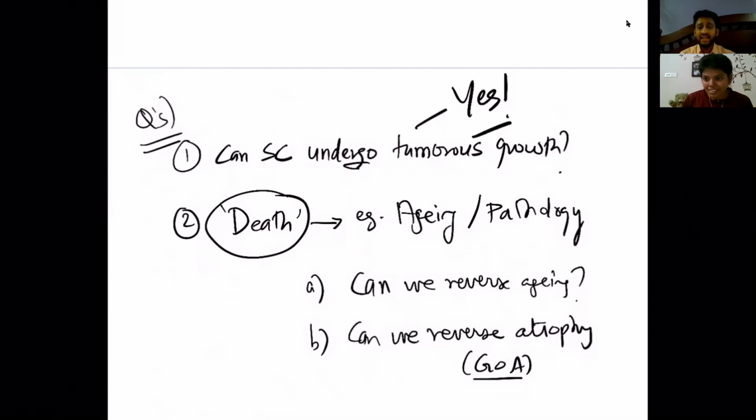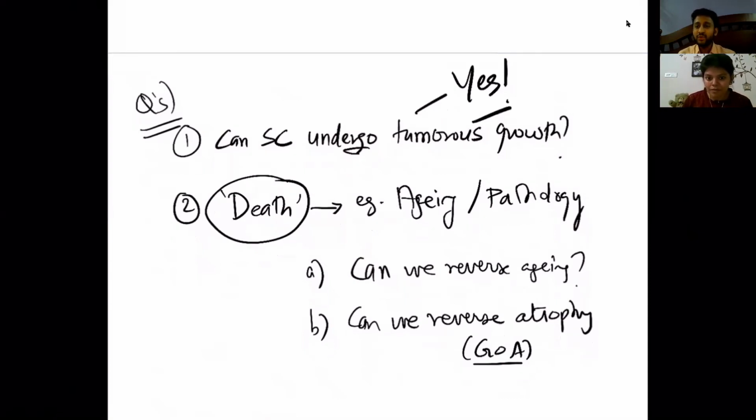Right. The second question is, you already discussed about it, but I just want to clarify that. I think death is one important process in any pathology for that matter. Be it in aging or a pathological process, eventual is going to be death, either by apoptosis or by necrosis. So what a common man will ask is, can we reverse aging with the help of stem cells? Is it a possibility? You can slow down the process of aging.